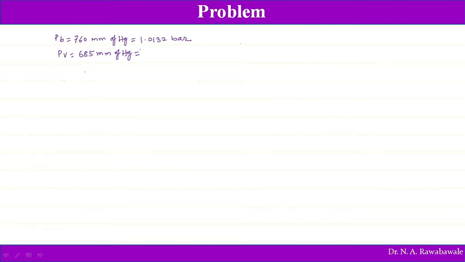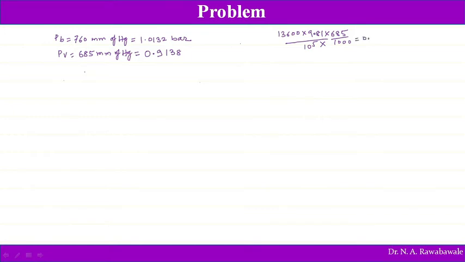rho value is 13,600 into 9.81 into 685 divided by 1000 to convert into meter, divided by 10 to the power of 5 to convert it into bar.